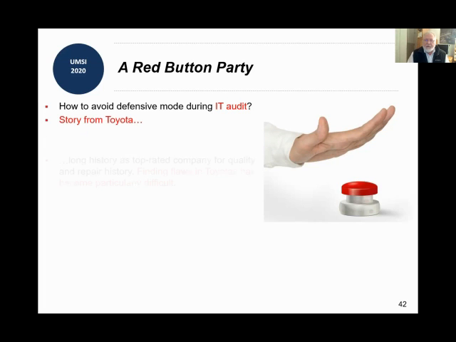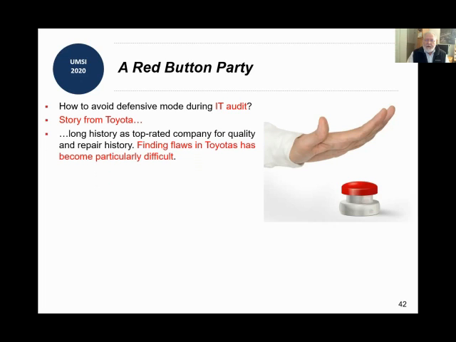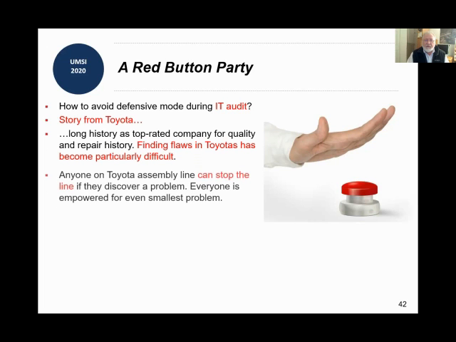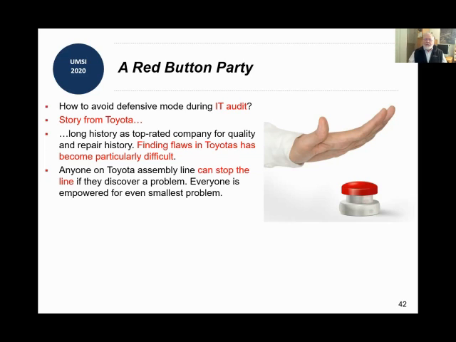So at Toyota, they have been rated for a long time as a company that has high quality, very good repair history on their cars. And so finding flaws has become particularly difficult to do. And they have a practice that anyone on the Toyota assembly line can stop the line if they notice a problem.